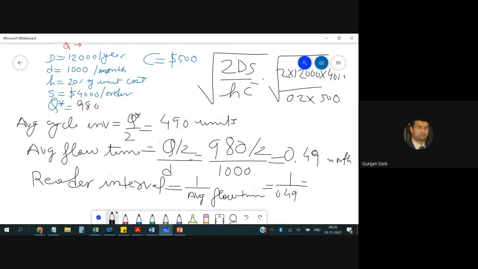What is the reorder interval? Sir, it is around 2.04. So 2.04.